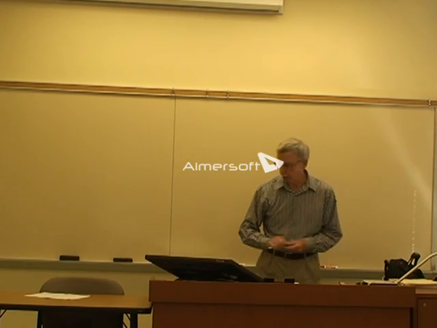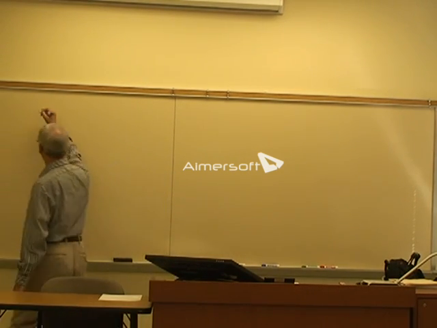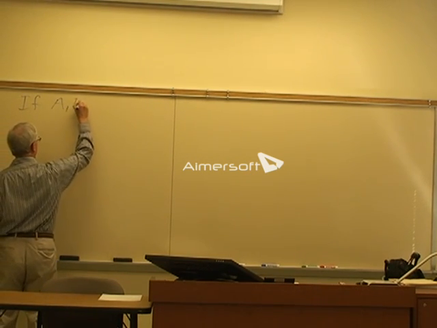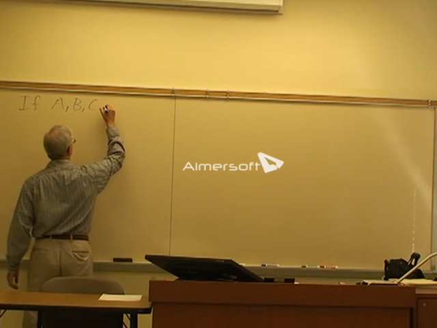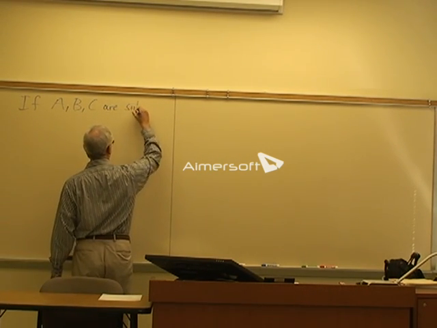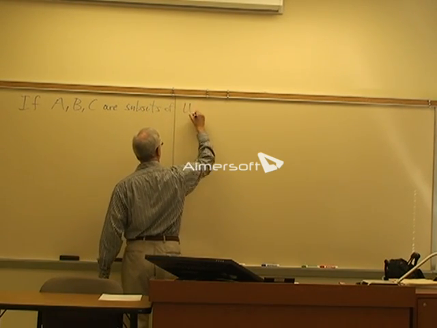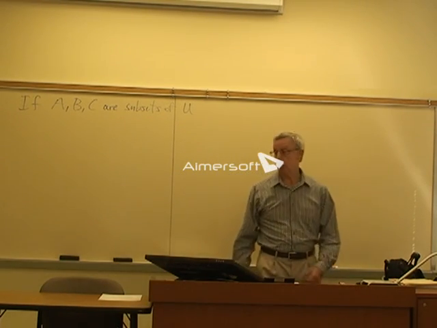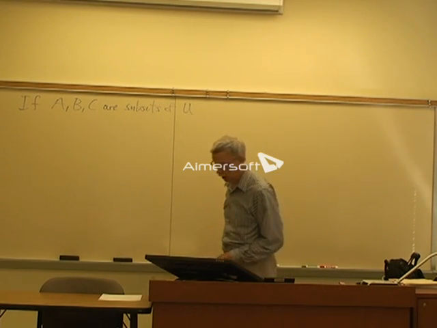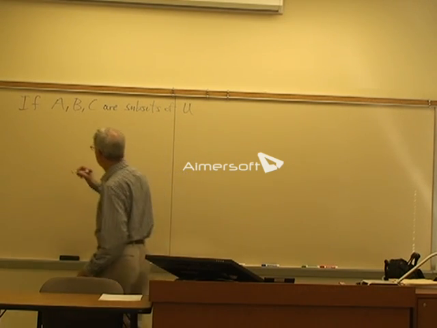So if A, B, C are sets in a universe, subsets of some universal set, like they could be subsets of the reals or subsets of the integers or subsets of any set that describes the world we're working in, then we have the following properties.